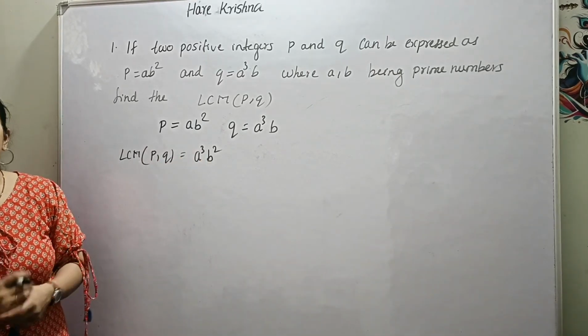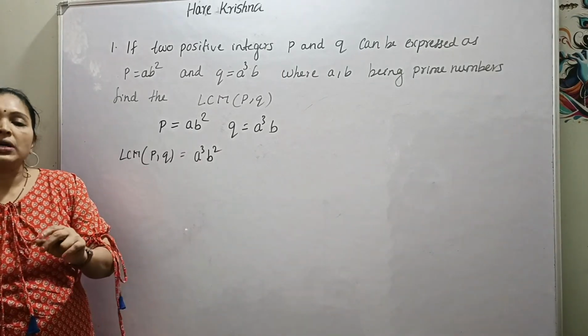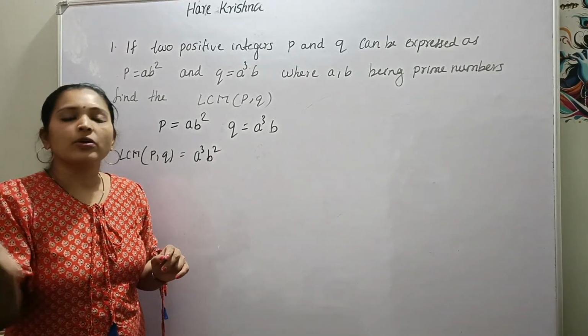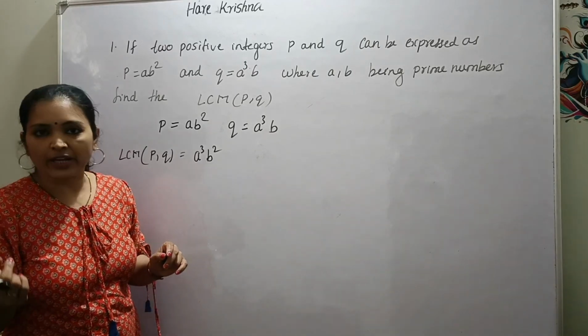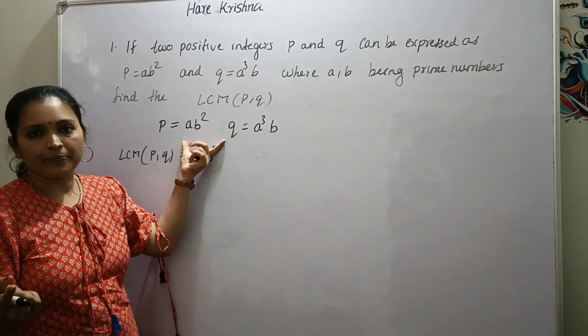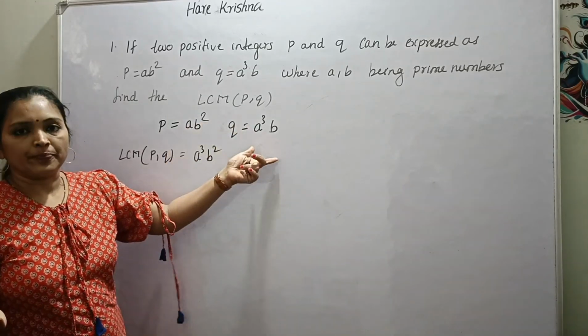So what about HCF? HCF is nothing but the product of the smallest power of common factors involved in these numbers. See here, common factors are a and b.